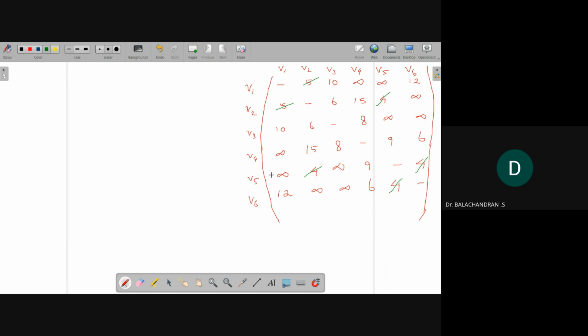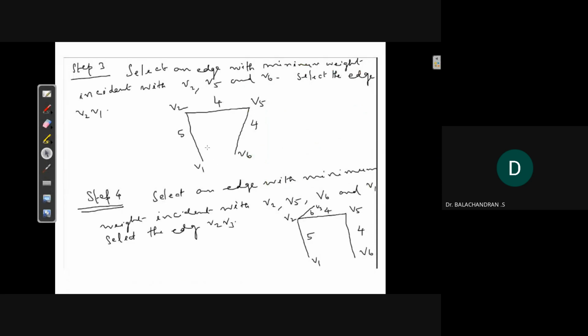There are two 6s: one is V2, V3, and another one is V6, V4. So there are two options, V2, V3 or V6, V4.